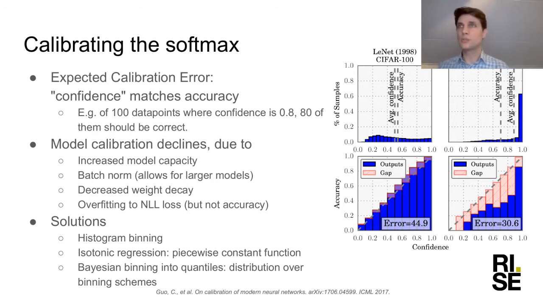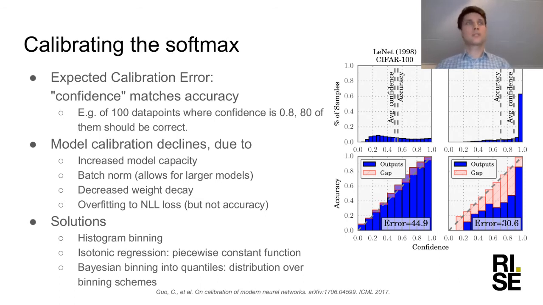So on the bottom right, you see this gap between the confidence and the actual accuracy. So models have been developed, and they are much more accurate nowadays, but they are also becoming overly confident in the decisions. Now, the authors of this paper attribute this to the fact that we have larger models, higher capacity models, and also batch norm allows for larger models, and this, they show, leads to an overfitting of the negative log likelihood loss, even though it does not lead to an overfitting with regards to accuracy.